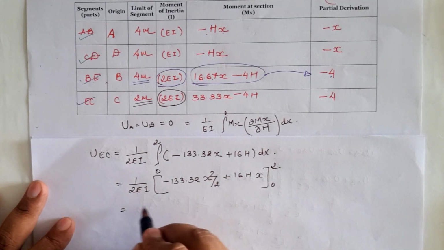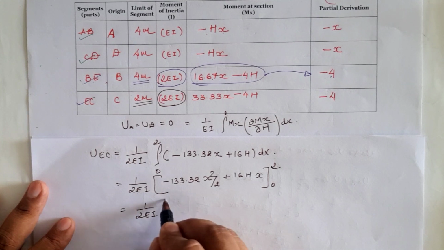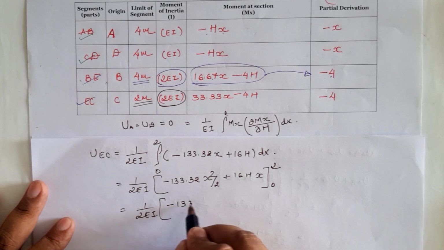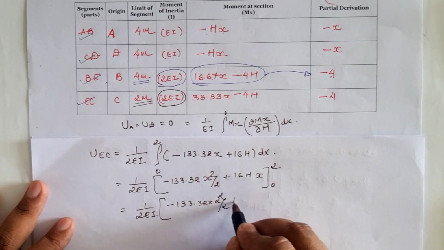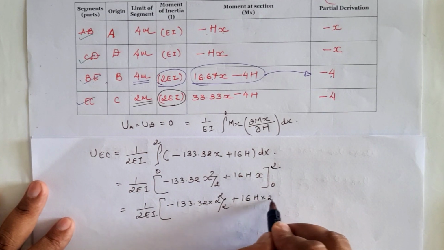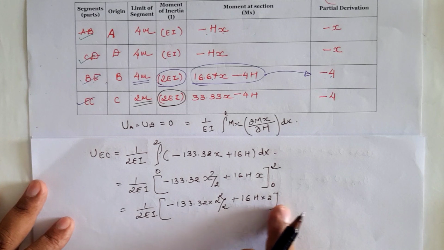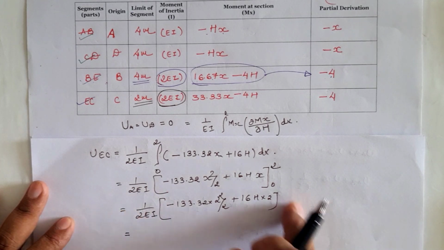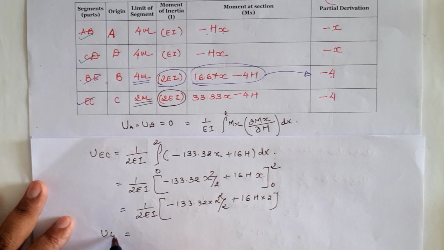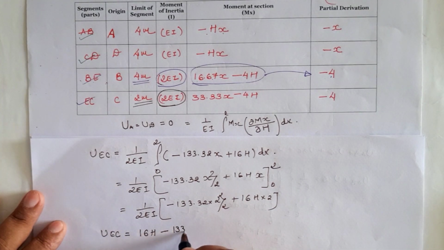Now closing this limit, the upper limit is 2, so 2 square by 2 plus 16H into 2, and the total strain energy in the EC segment is equal to (16H minus 133.32) by EI.